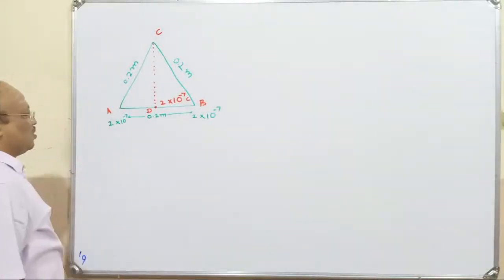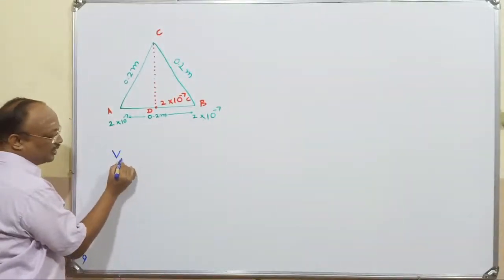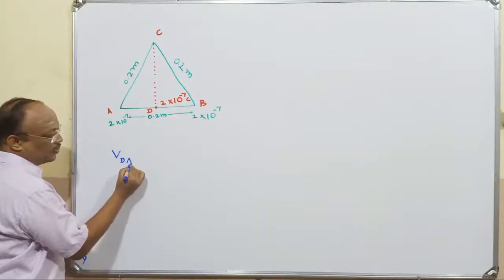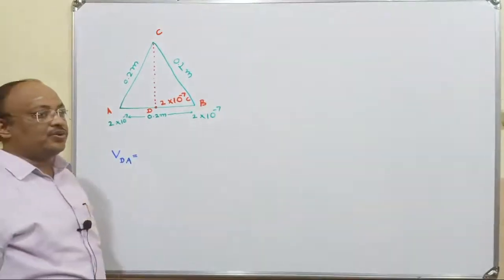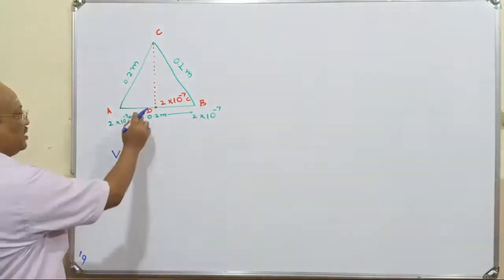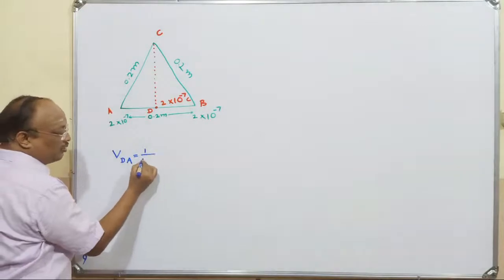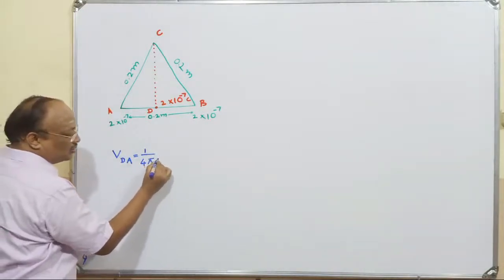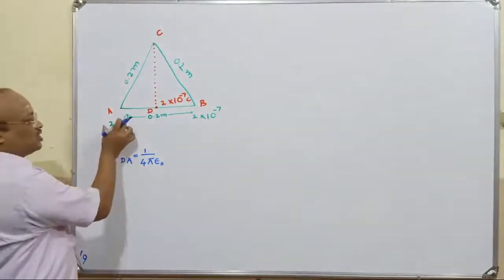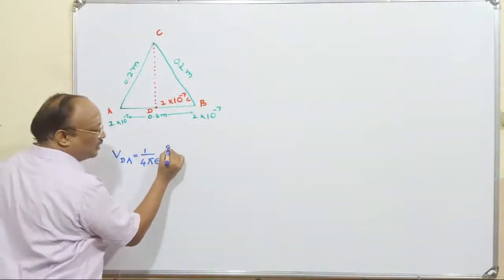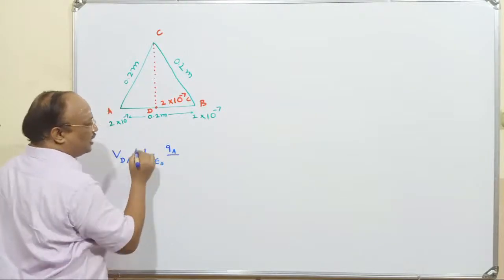Okay. So what is the potential at D due to A? Potential at D due to A is 1 by 4 pi epsilon naught, charge QA divided by AD.